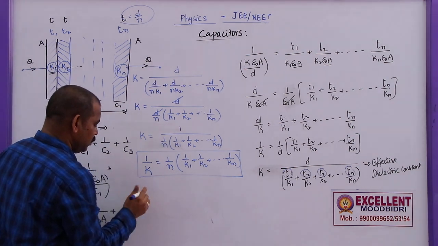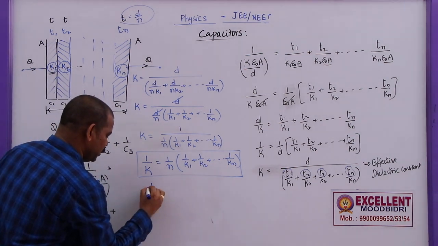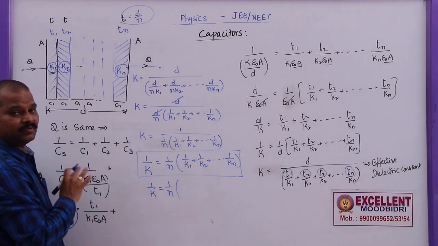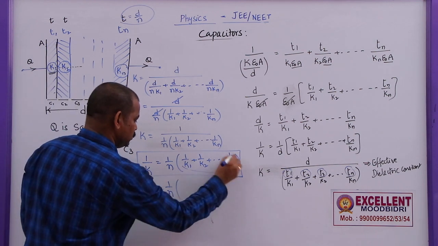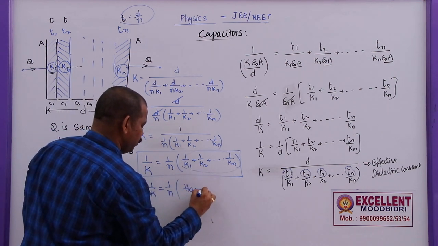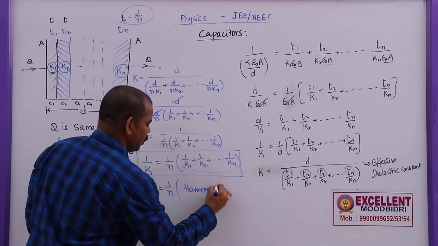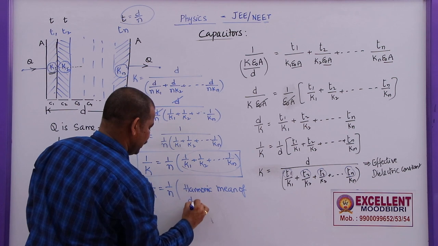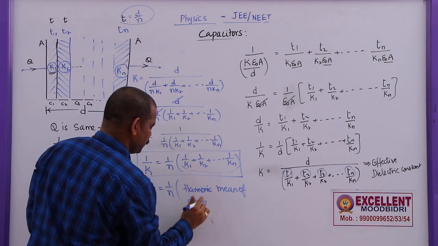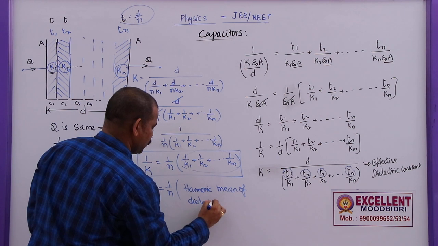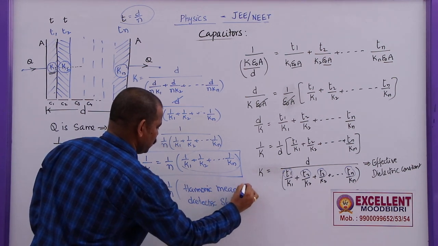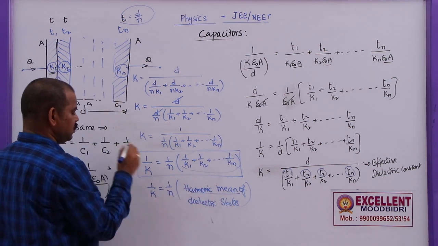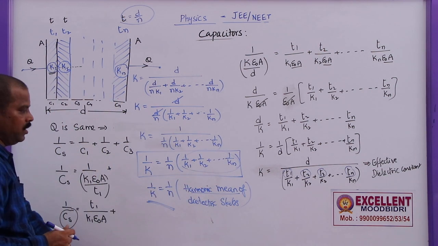Now, if you observe this, 1 by k is equal to 1 by n, where n is the number of slabs between the two plates, and this is the harmonic mean of the dielectric constants of the slabs. That is 1 by K1 plus 1 by K2 plus 1 by K3 and so on, 1 by Kn, the harmonic mean of all the dielectric slabs. So, this is the expression to find this K.